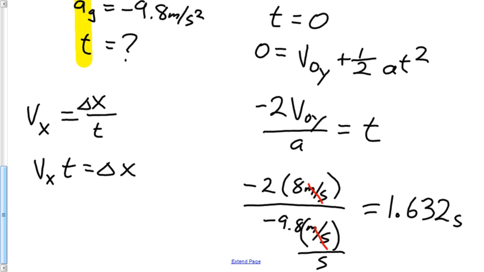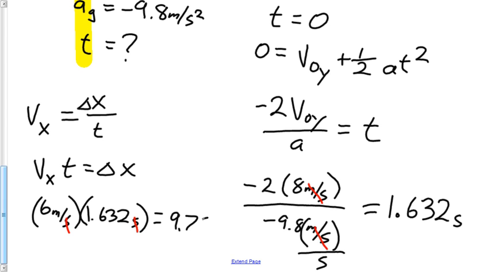So 6 meters per second times a time of 1.632 seconds. The seconds will cancel out, and I'm left with meters. And this will give us a value of approximately 9. Actually, there's no approximation now, is there? It's 9.792 meters.